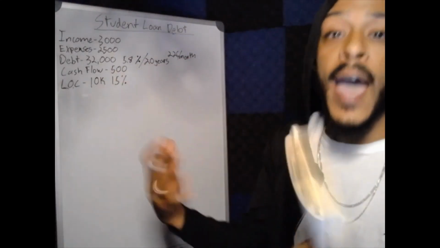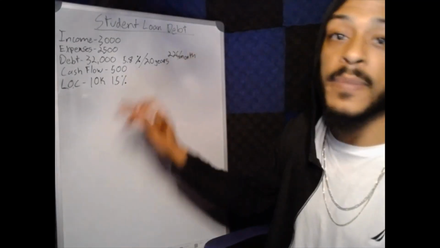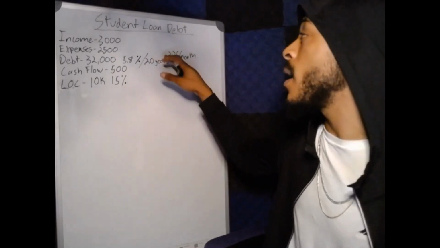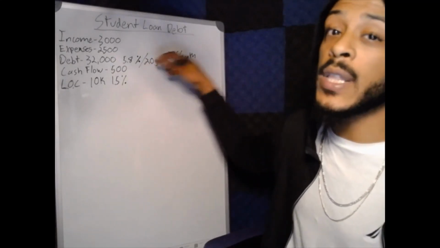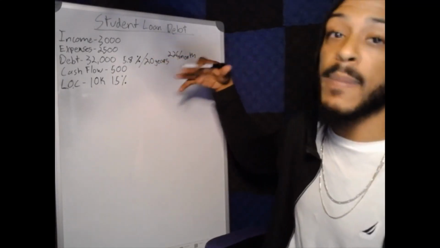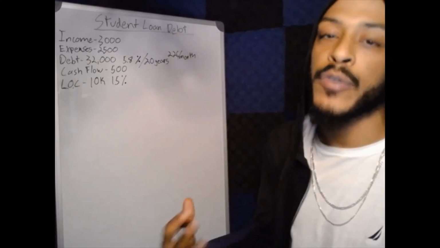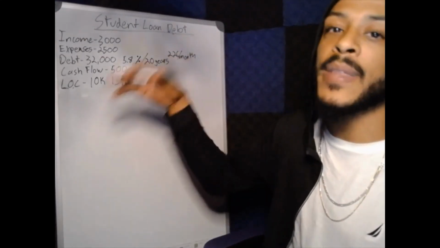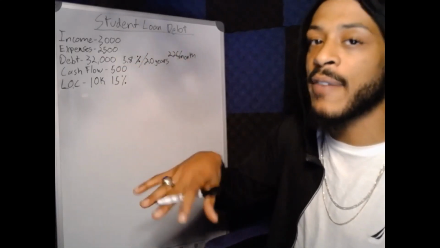You're like, I can afford $226 a month. And mind you, this is a low number. The average student loan monthly payback is $393 in America. So $226, it may seem high, but that's actually lower than the actual average, right?